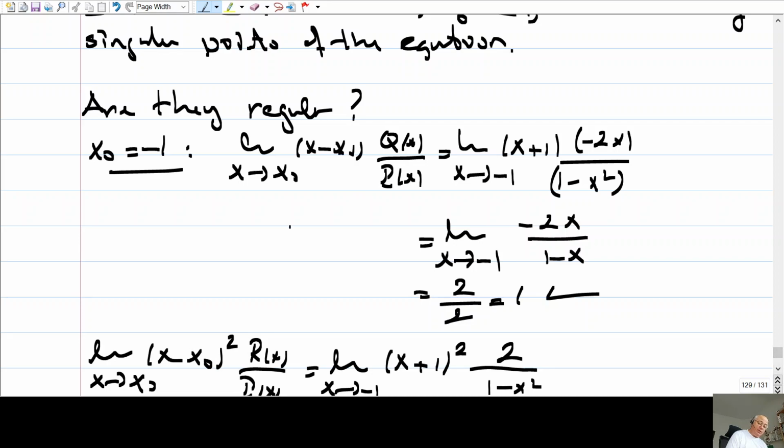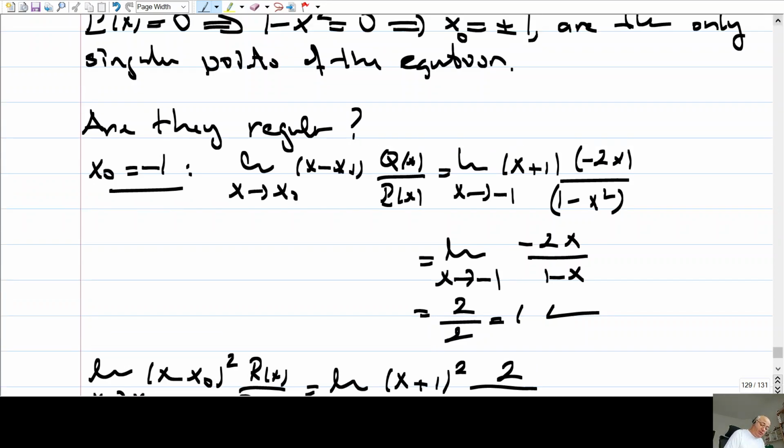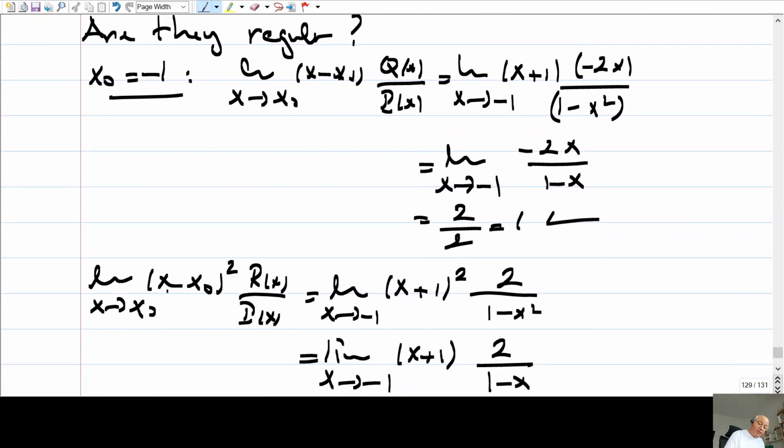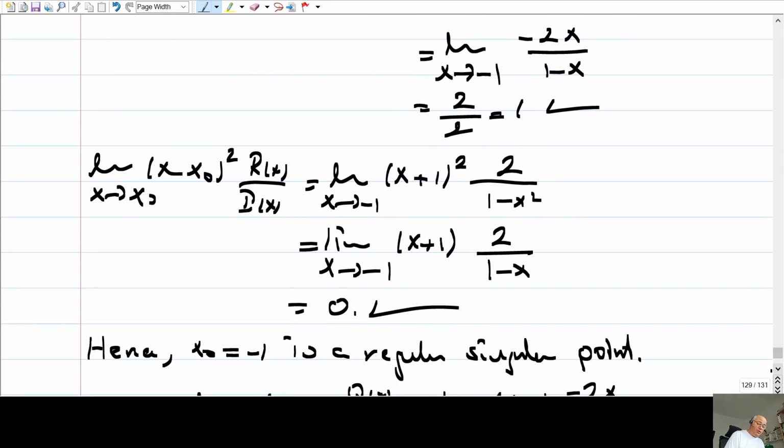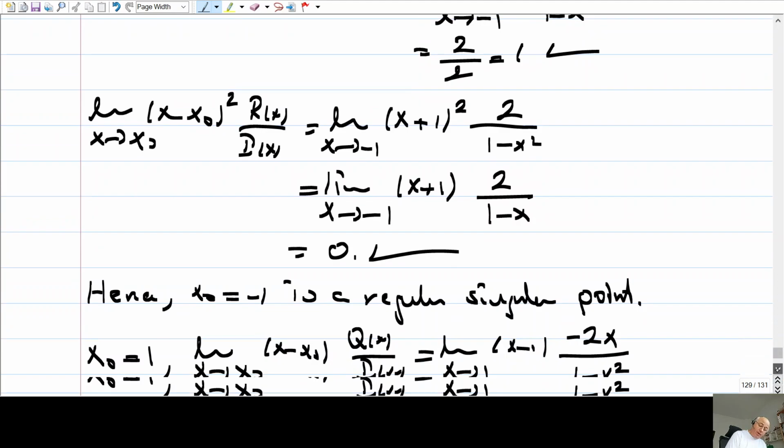So we look at the two limits. Limit as x goes to x0 of (x minus x0) times q over p. And in that case, this limit is just 1. And we also look at this limit, (x minus x0) squared r over p. And this limit turns out to be 0. So both limits exist. Therefore, x0 equals minus 1 is a regular singular point.